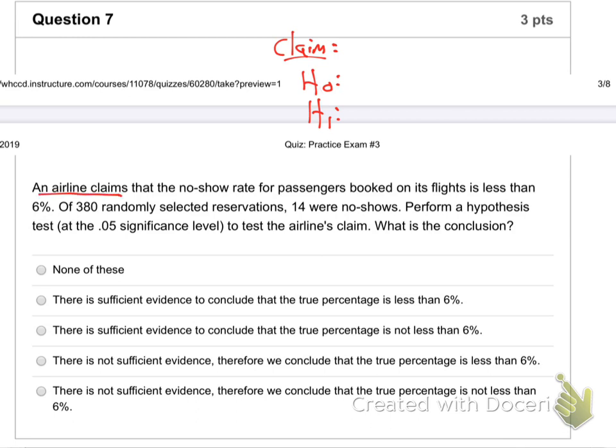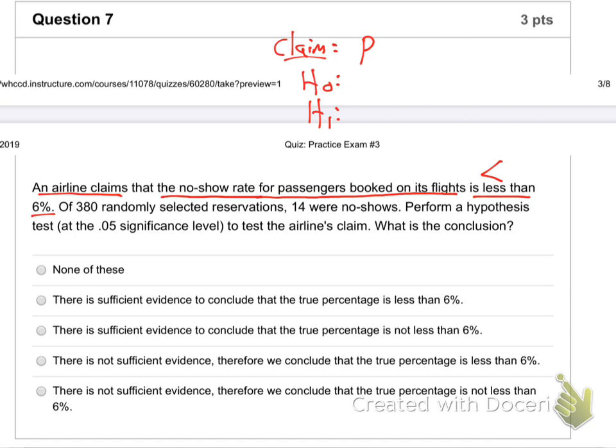An airline claims. Well, there we go. What do they claim? The no-show rate for passengers booked on its flights is less than 6%. Is that an average or a percentage? That's a percentage. So we're talking about P, aren't we? Talking about P, not mu.